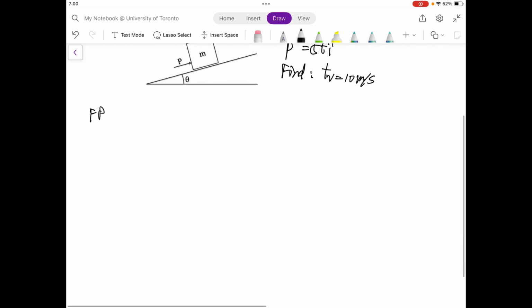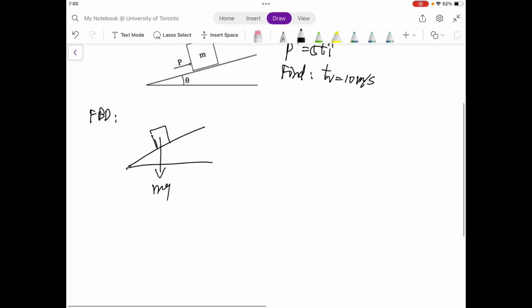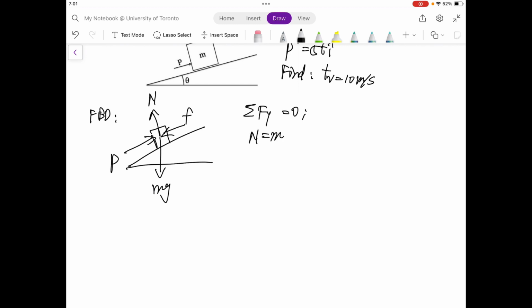We need to draw a free body diagram. Here's our block, and it has gravity, the support force, and also P, and also friction. So apparently the sum of forces in the y direction is equal to 0, so we have N equal to mg cosine theta.